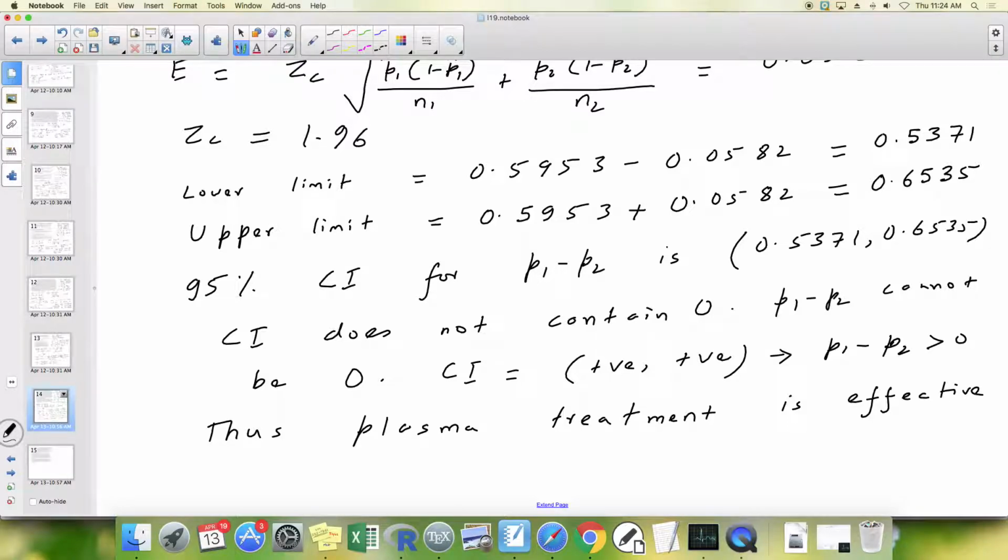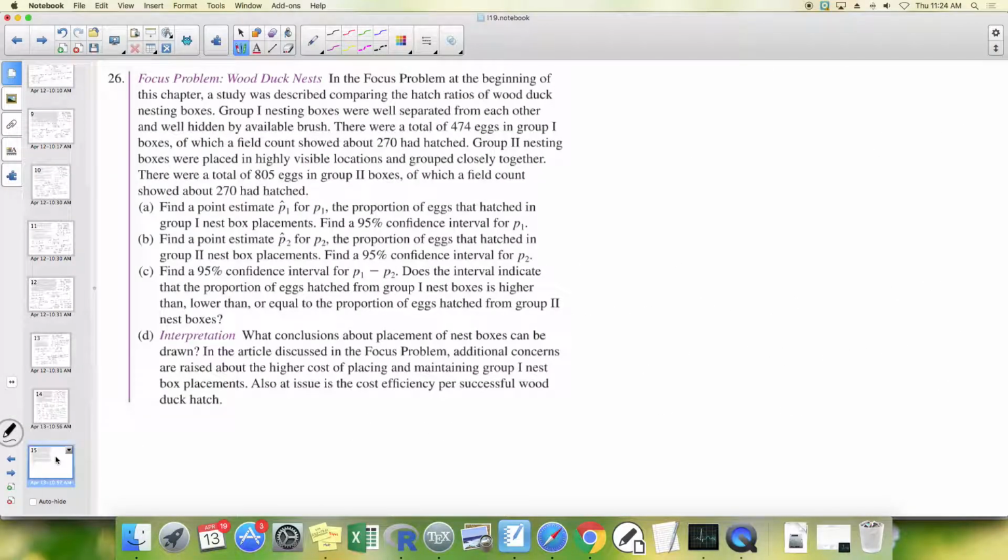All right. Next. So once again, we have two groups, so two populations.